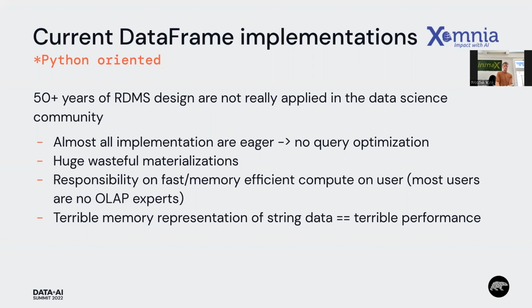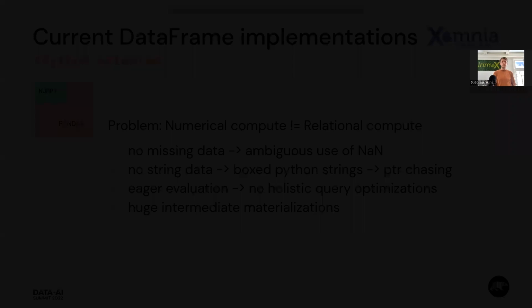And the responsibility of writing fast, memory efficient code is put on the user more. And most users are domain experts, but not really data analysis experts and not query optimization experts. And they have a terrible memory representation of string data, which equals terrible performance.